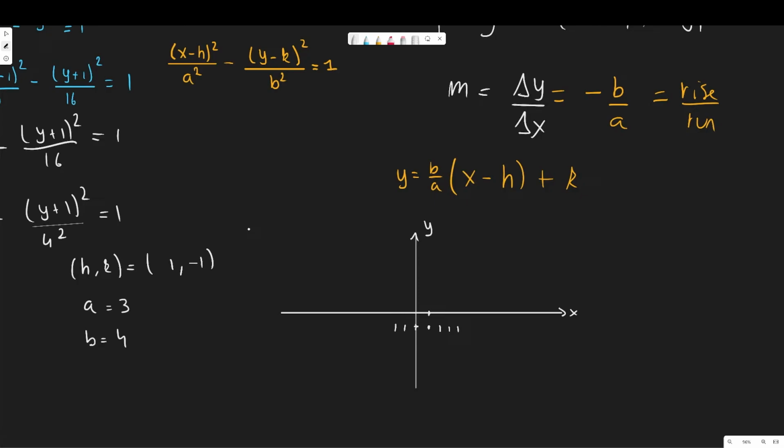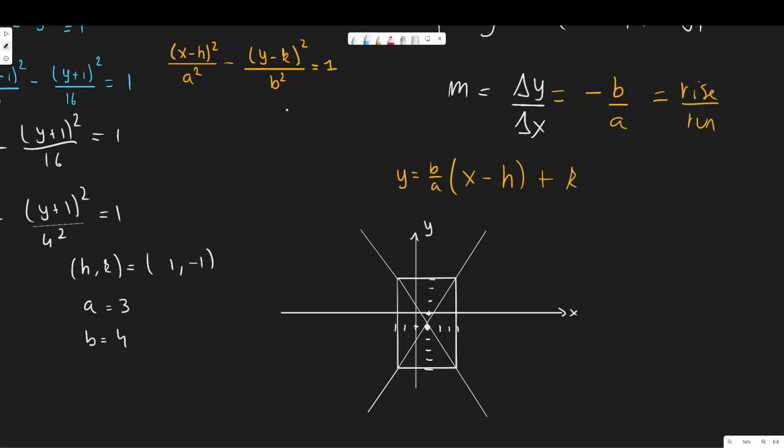Now for the length of our box in the direction of y, we'll have to go 4 up, because b is 4 and b is underneath the y. So 1, 2, 3, 4, and 4 down, 1, 2, 3, 4. And now we can draw our box like so, and now we can draw our asymptotes by connecting the corners like this.